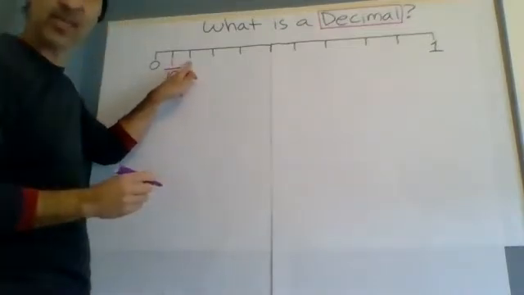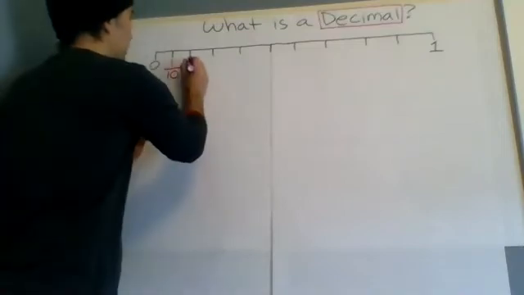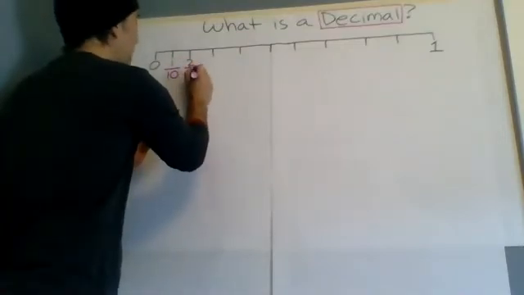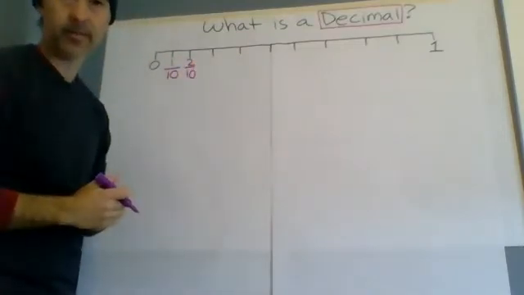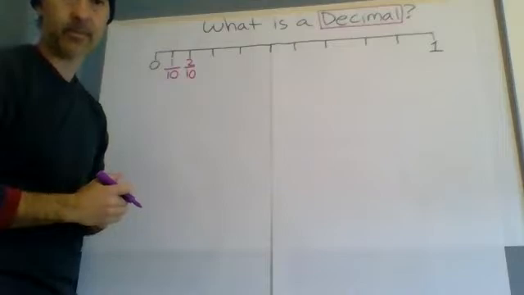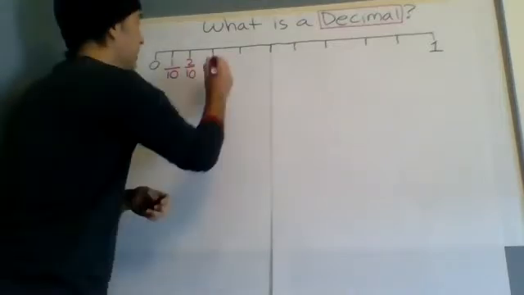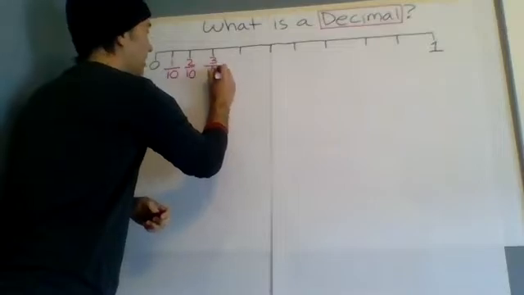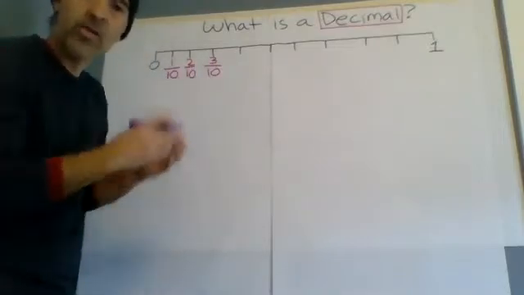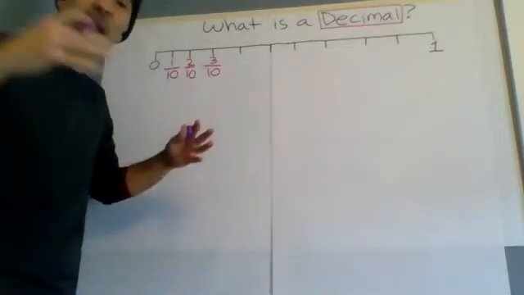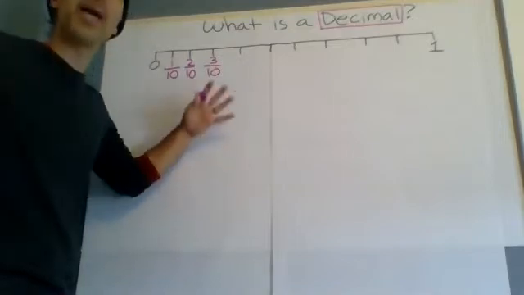How many parts is this one? Well, now we're at 2/10 of my whole. How many tenths is this one? Well, this is 3/10 of my whole. 3 parts out of my 10 equal parts that make up my whole.